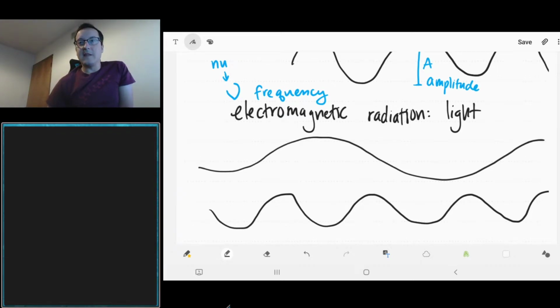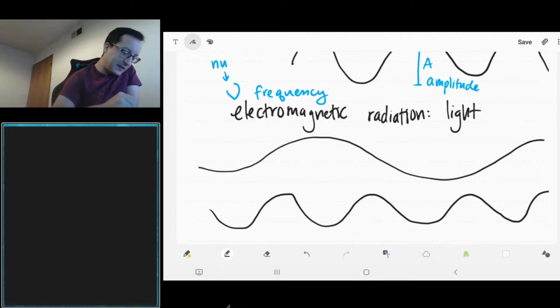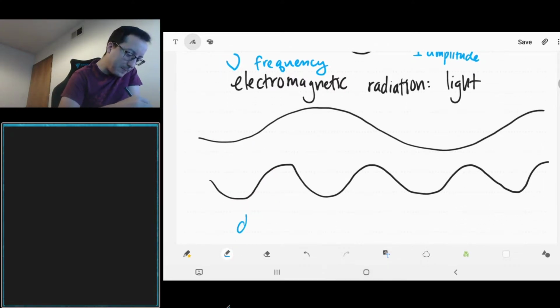If we're looking at these two waves, I'm just going to pretend the amplitudes are the same, just because that's the hardest one to duplicate. We see these two waves have different wavelengths, right?